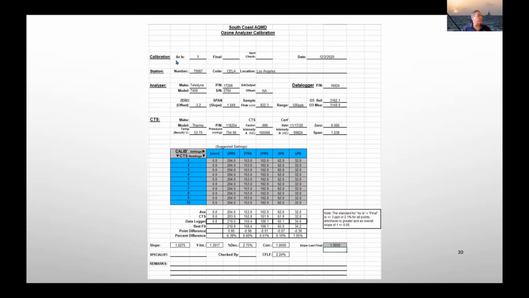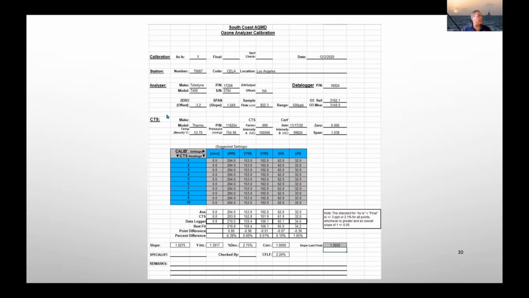So this is an as-is calibration, and it was performed in December of last year at Los Angeles. The analyzer under test is a Teledyne T400. And these are the instrument factors.